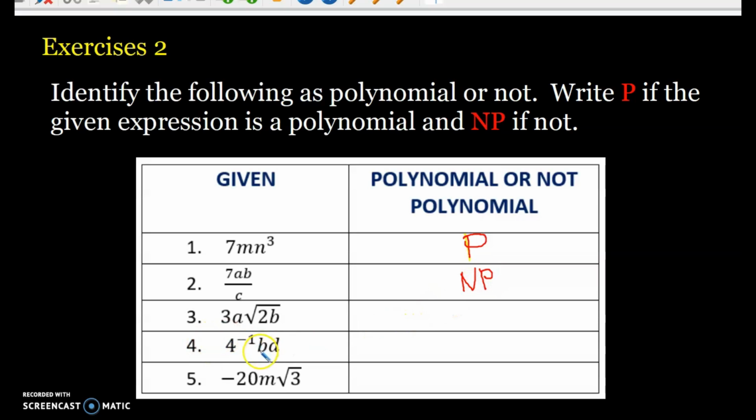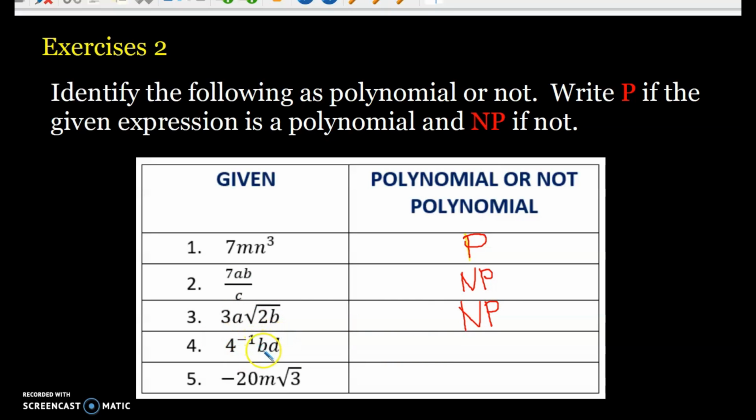Okay? Next, we have 3a square root of 2b. As you can see, there's a radical sign. But inside the radical sign is 2b, where there is a variable inside it, and that makes this expression not a polynomial.